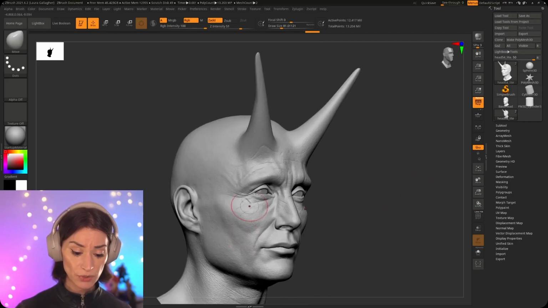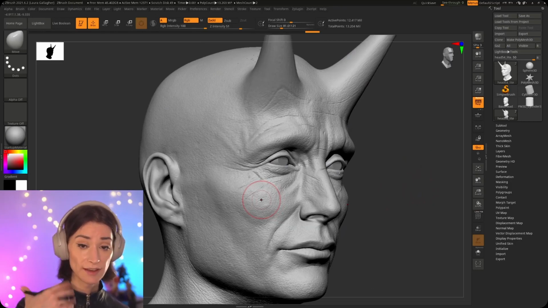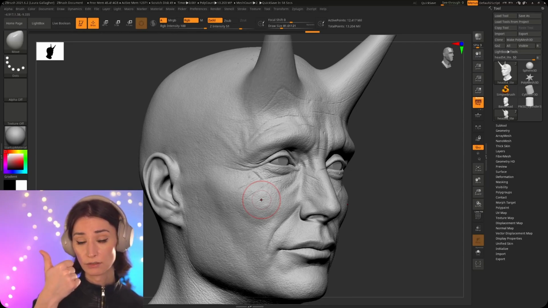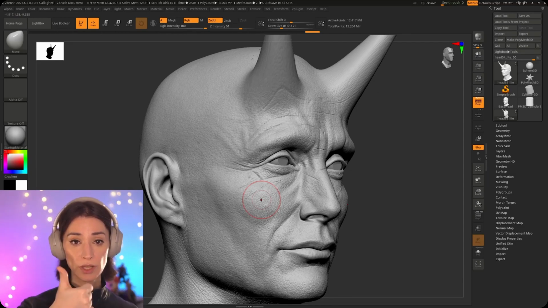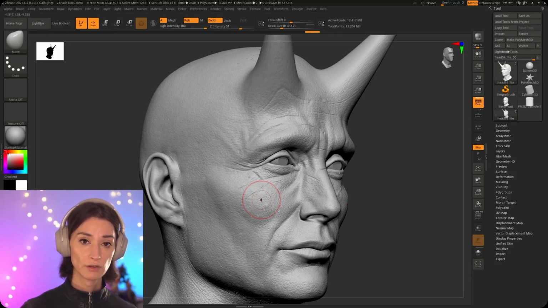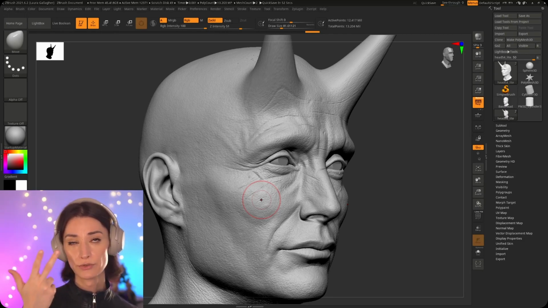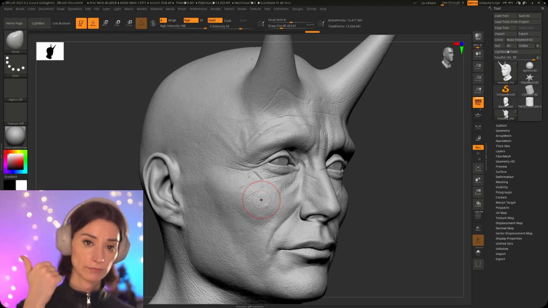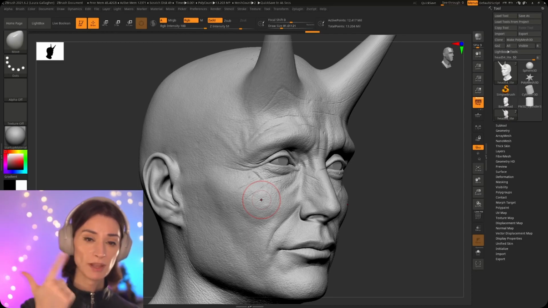Now, how do you do that if you have something that's in Dynamesh? Well, you have three choices. One, you do a manual retopology. Two, you do pipelines using ZRemesher and stuff like that.